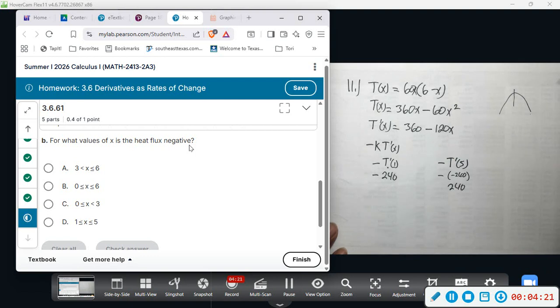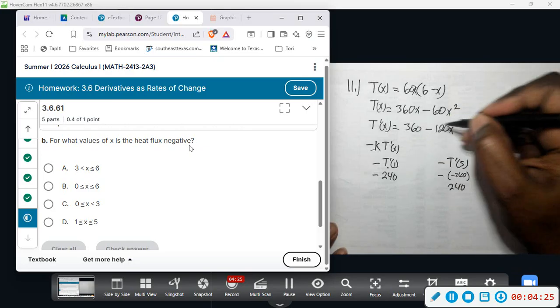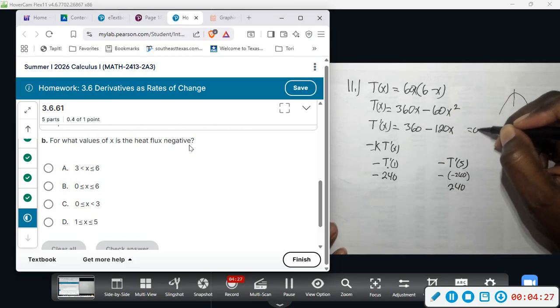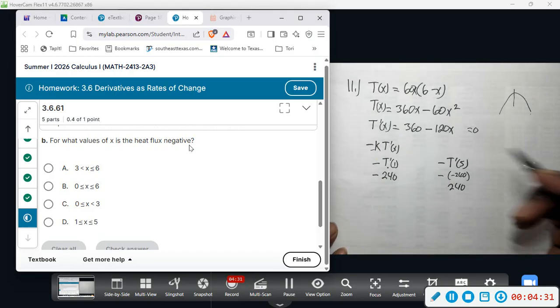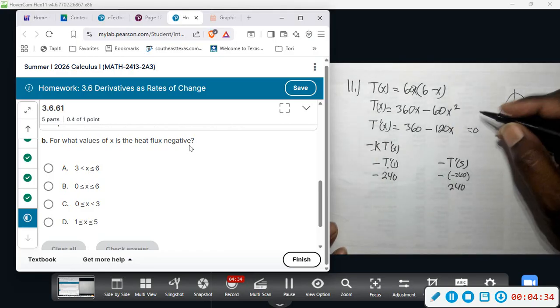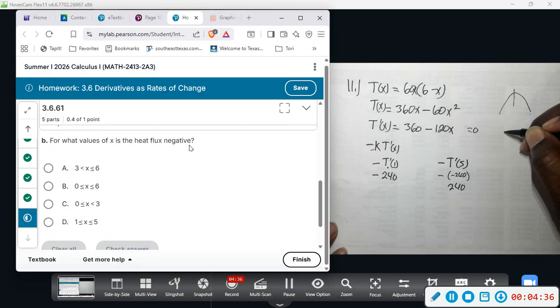When our slope is negative, that negative times a negative is going to give us a positive output. So if we set this equal to 0, we can find the restraints. It looks like about 3, halfway between 0 and 6. If we set that equal to 0, we get 120x equals 360, and divide by 120, and we get x equals 3. So 3 is going to be that midpoint.